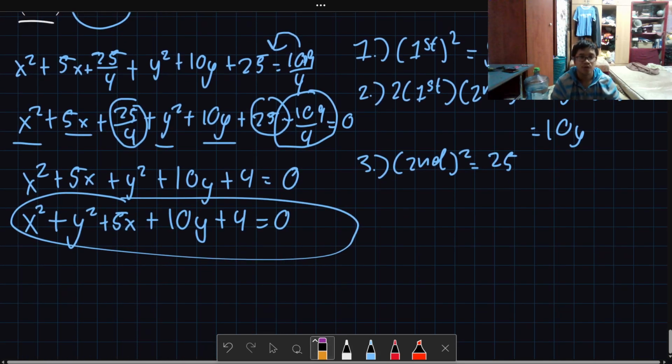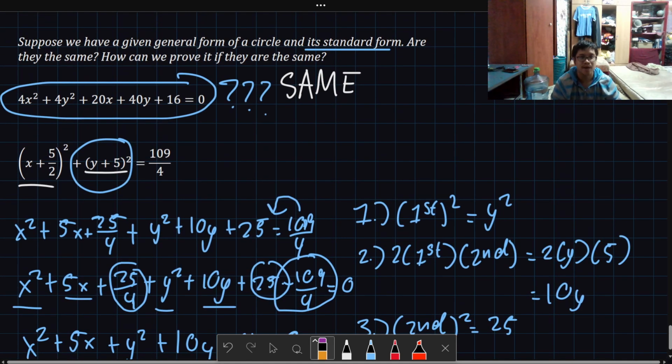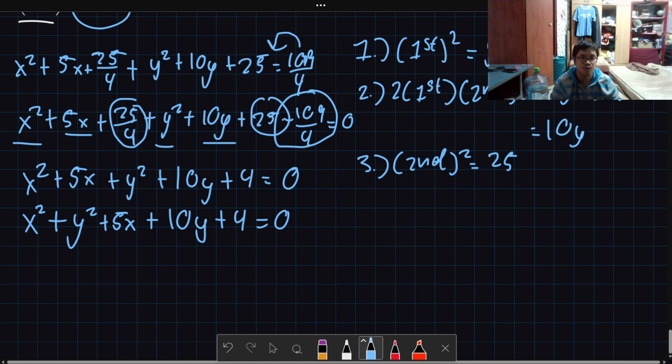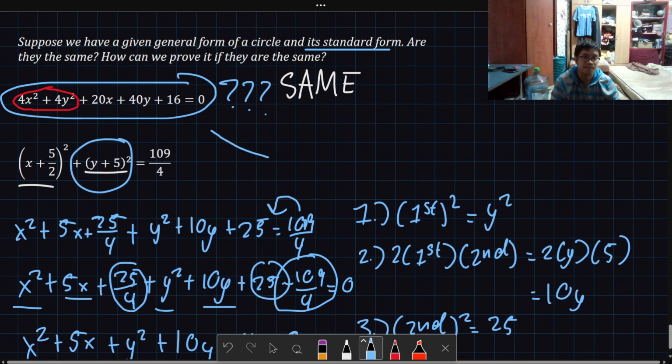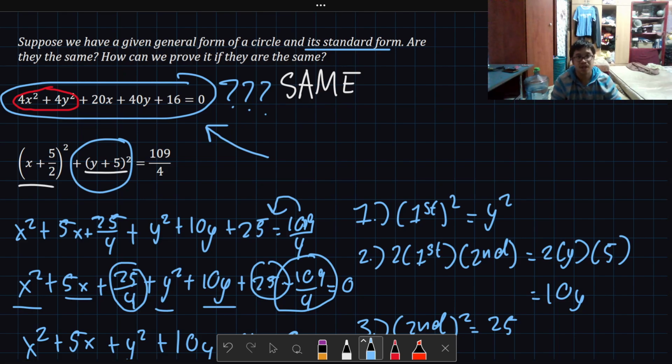Since I have coefficients of x squared and y squared as 4, it's an implication that I must multiply both sides by 4. Why did I say that I have to multiply the final answer both sides by 4? Not only to make it the same as the general form, but because the coefficient of x squared and y squared is 4.